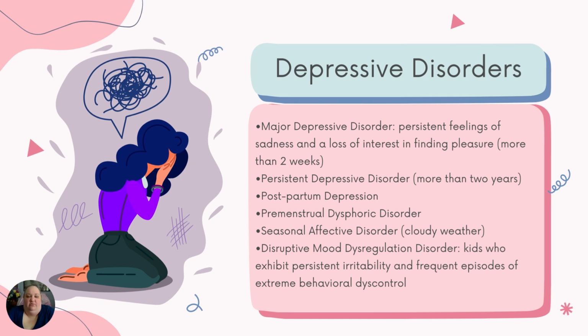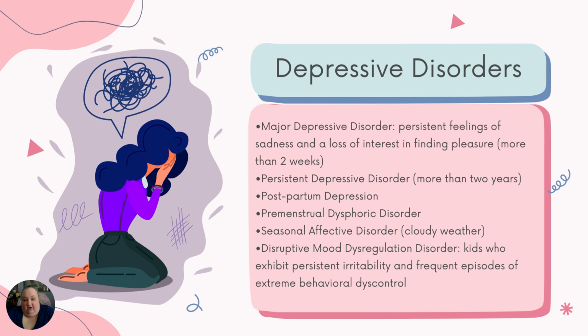So we have major depressive disorders, persistent feelings of sadness, loss of interest, no pleasure in things for more than 2 weeks. Persistent depressive disorder, so lasting for more than 2 years. We have postpartum depression, which is generally after you give birth. Premenstrual dysphoric disorder.